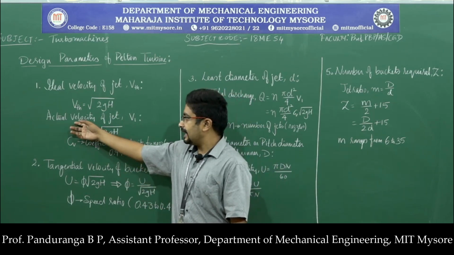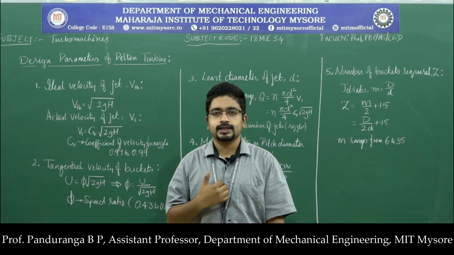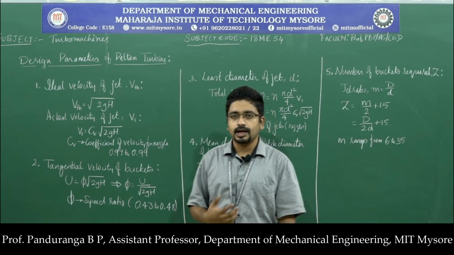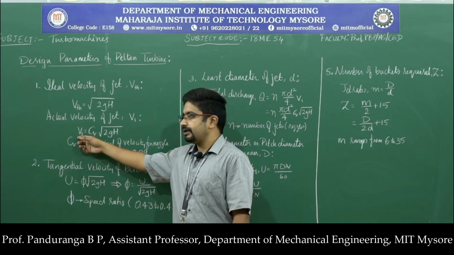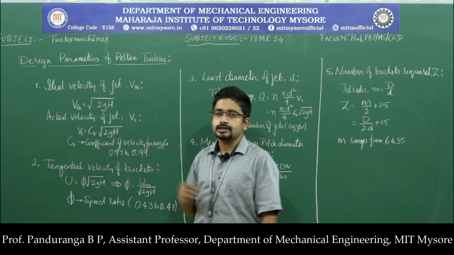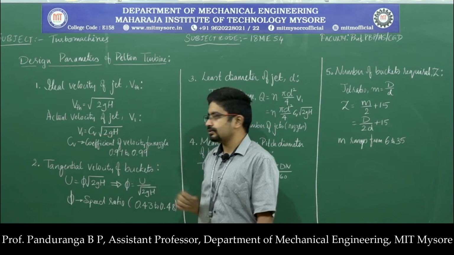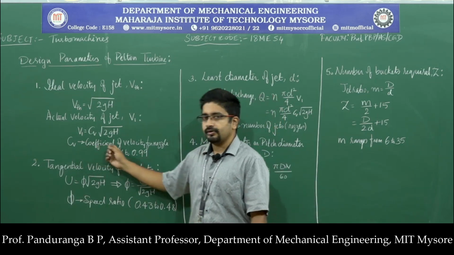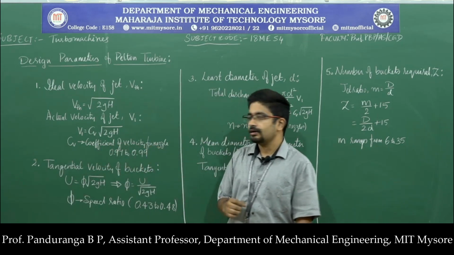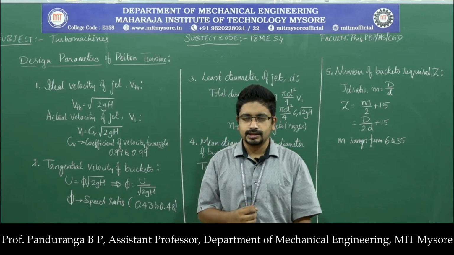Then the actual velocity of the jet, or V1, which is the velocity of the water coming out of the jet, will be equal to Cv into root of 2gh, where Cv is the coefficient of velocity for the nozzle. There will be a few losses in the nozzle.